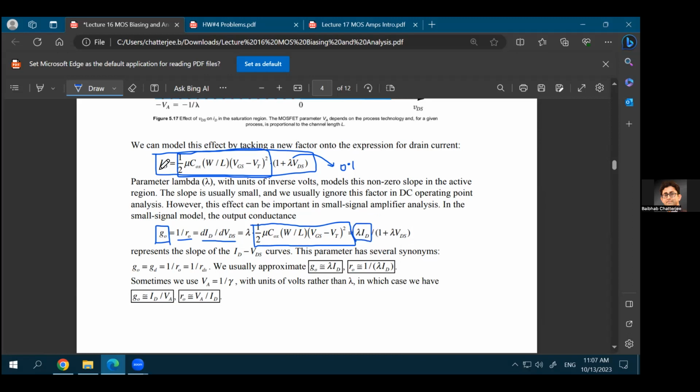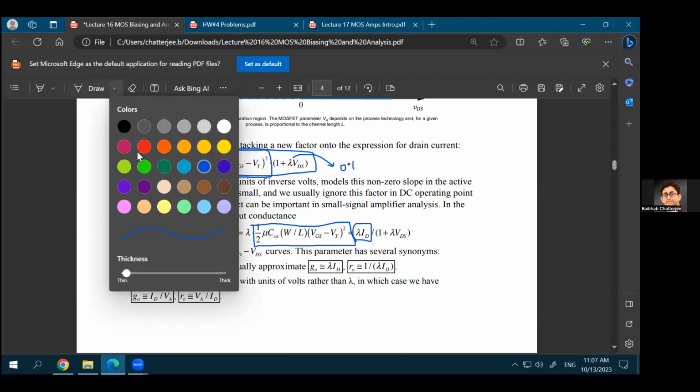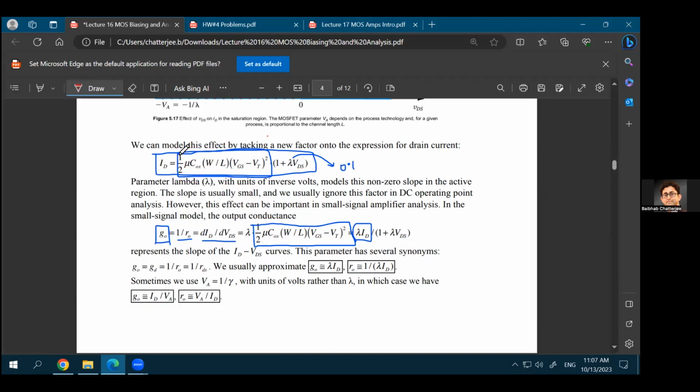So what was the equation for ID? The equation for ID was this term. Let me write with a different color. This half mu COX W over L times VGS minus VT whole squared, that term is present in the ID equation as well as in the GO equation, correct?